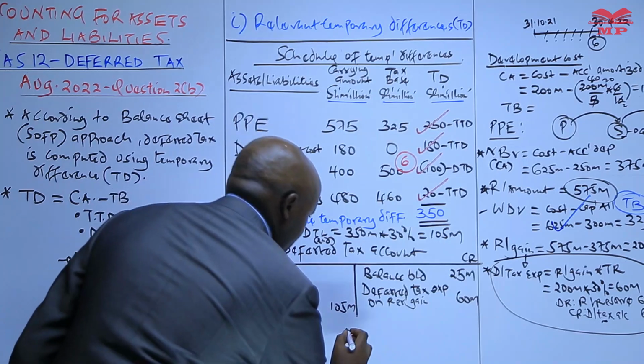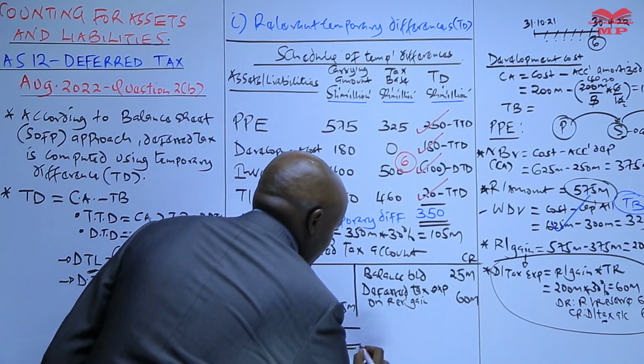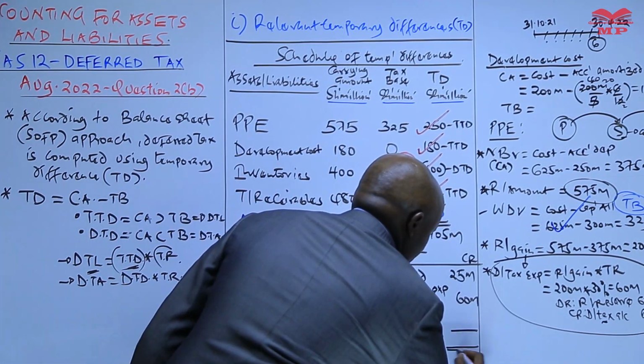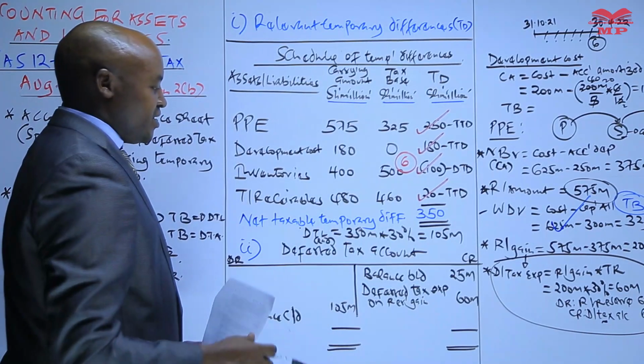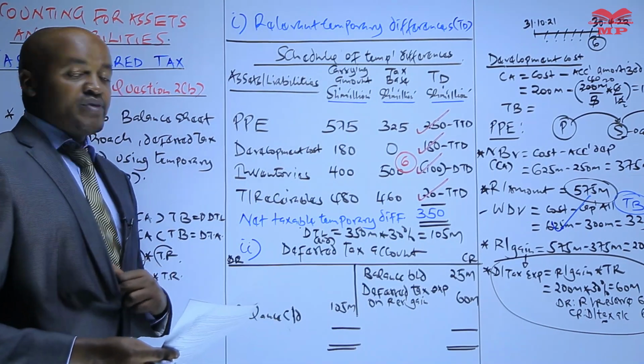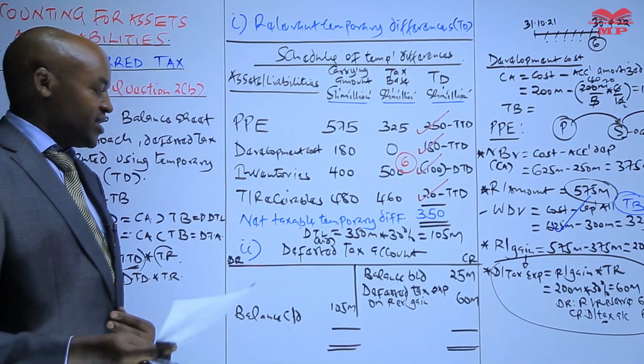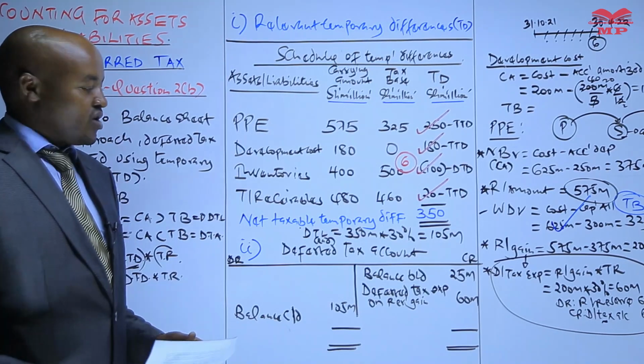Then from there, we balance our account. The balancing figure in this account is the amount which will be taken to the income statement, either as deferred tax income or a deferred tax expense.